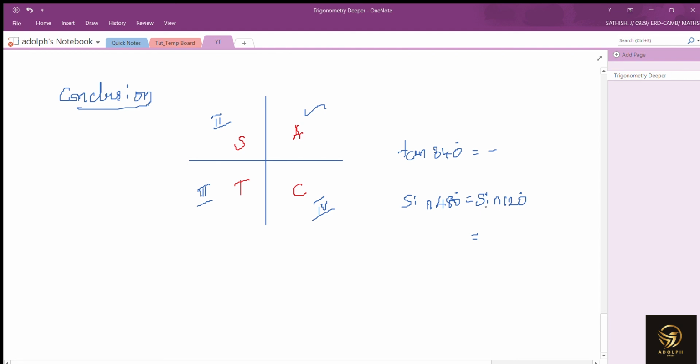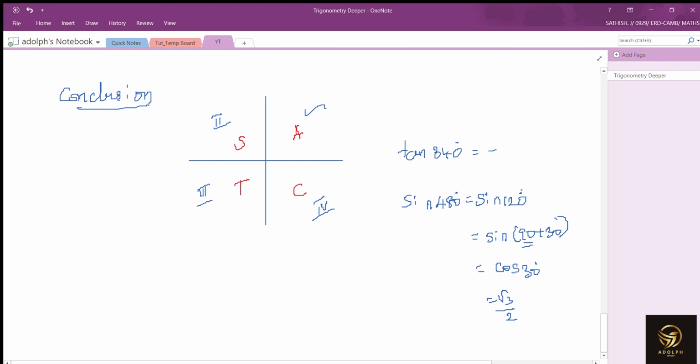And sine 120 value, what is that? You can write this as sine 90 plus 30. Sine is positive and it is going to be cos 30 because of 90, so cos 30 is the answer. Cos 30 is nothing but root 3 divided by 2. So this is how we have to find the values even beyond 360 degrees.